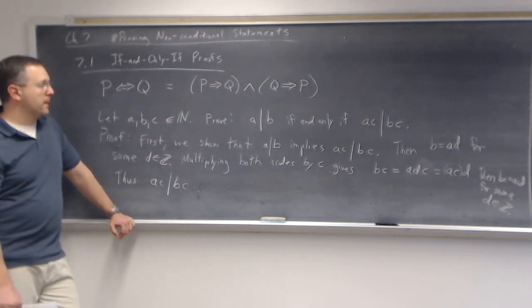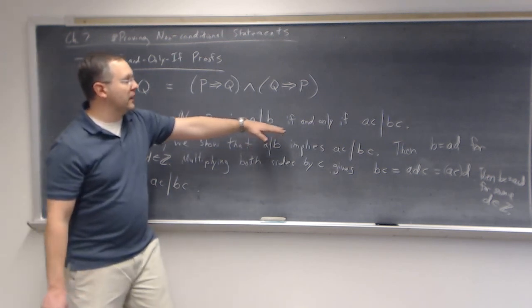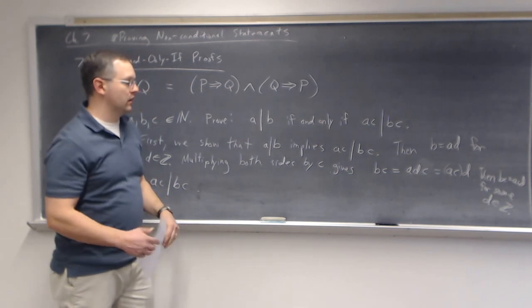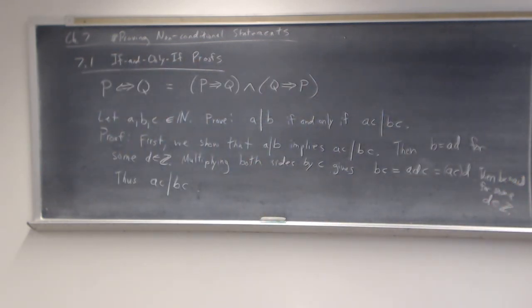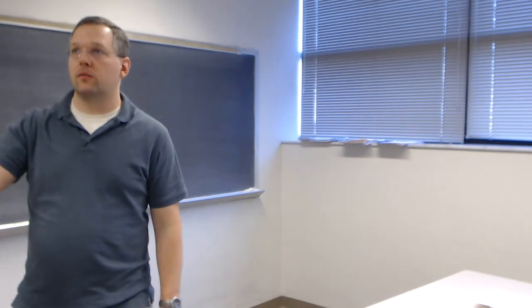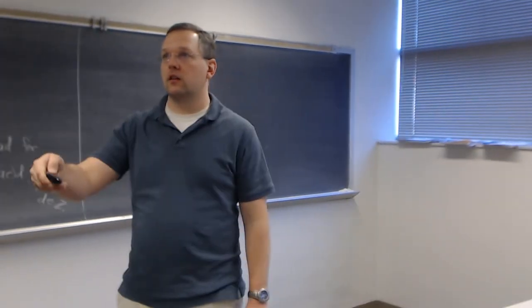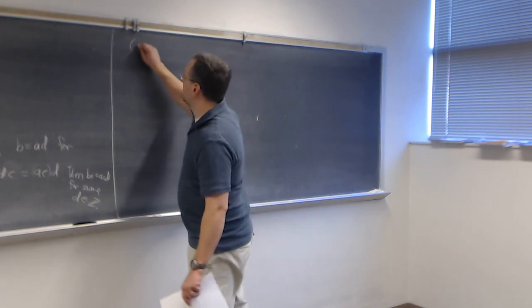Okay. So I proved the forward implication. I proved A divides B implies AC divides BC. Now, to tell the reader what's going on, you need to let them know that you're about to switch the direction here. So now I say something like this.